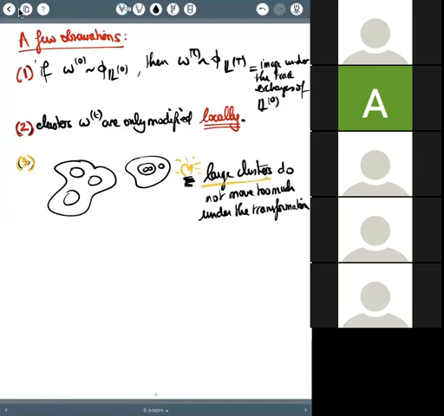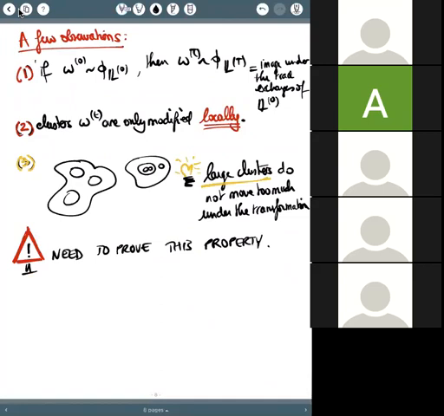So here, what we kind of need to prove is that large clusters do not move under this property. And this is really all the work in some sense.